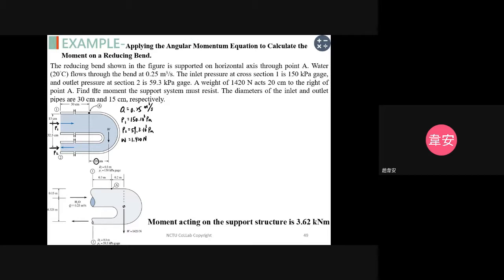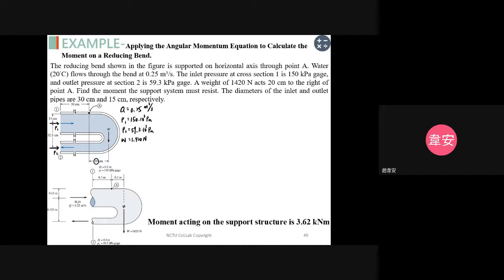So the question is, please find the moment the support system must resist. Because this is a horizontal axis for the rotation problem, we have flow inside the pipe bend, and the pipe bend should rotate, right?